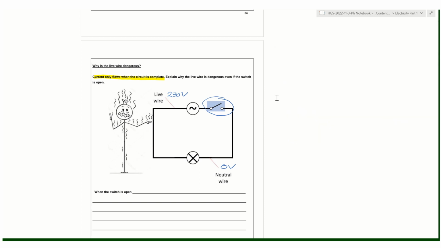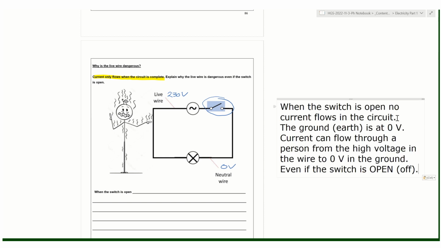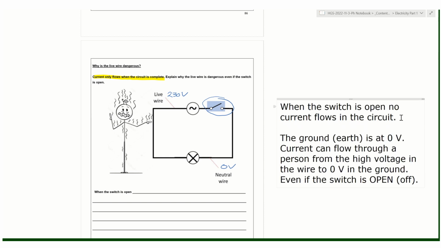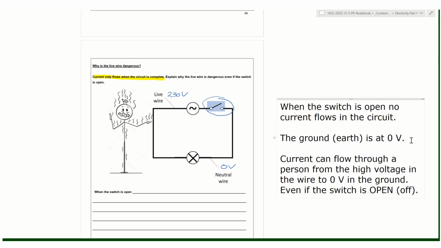Okay, so what's happening here is that when the switch is open, no current is flowing through the circuit. However, the ground that this person is standing on is also 0 volts. So remember, the neutral wire is there to allow current to flow through the live wire and then through the neutral wire because it is 0 volts.